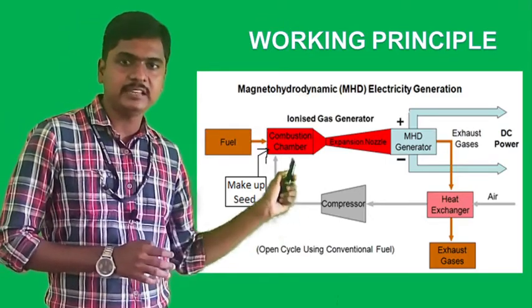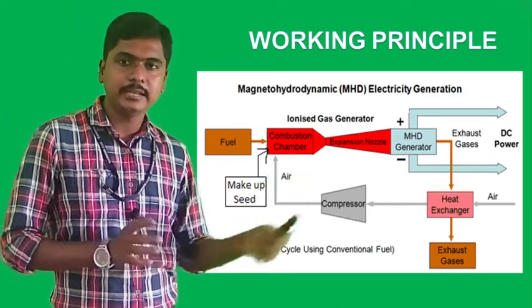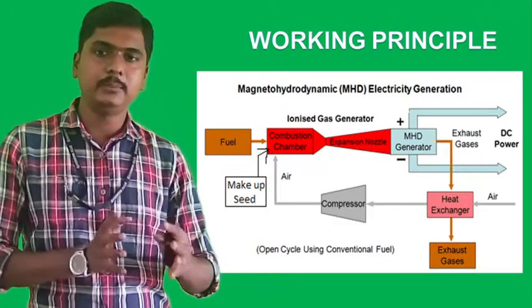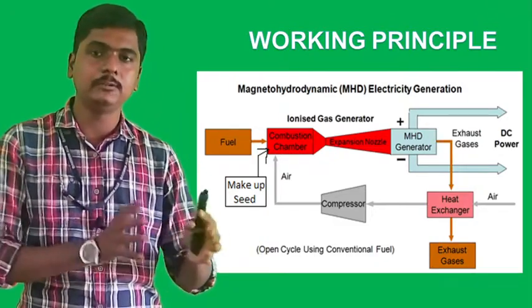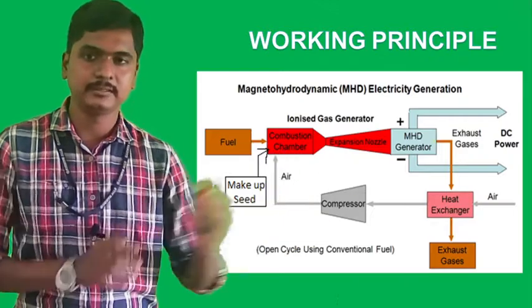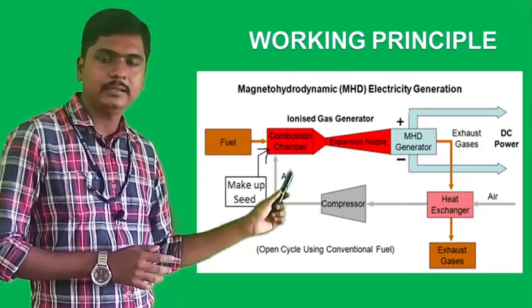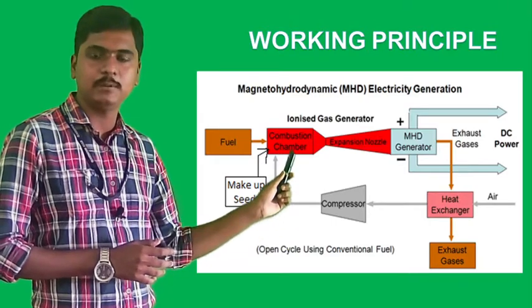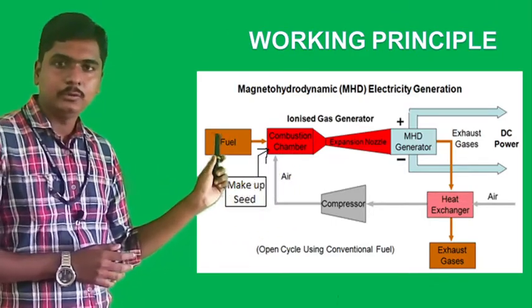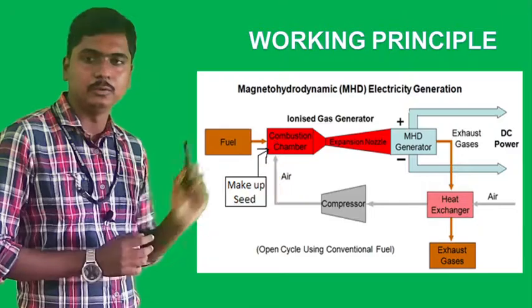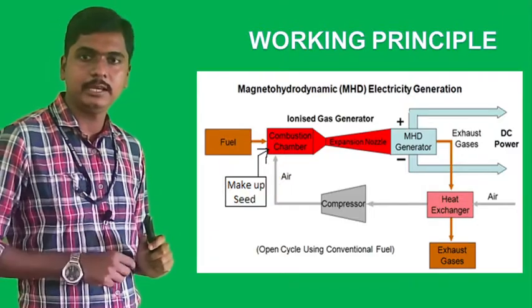If compressed air is inside the combustion chamber, then perfect or efficient burning of the fuel will take place. So from the compressor we provide compressed air to the combustion chamber and we supply the fuel. These two things clear?